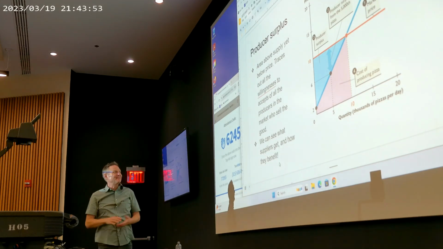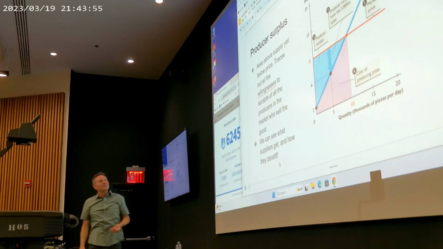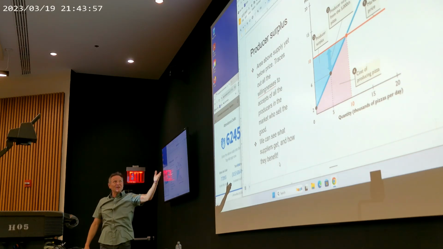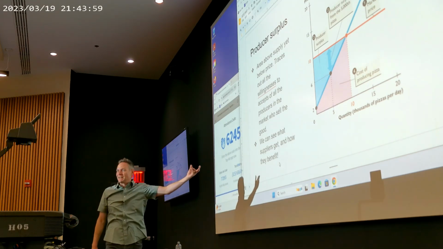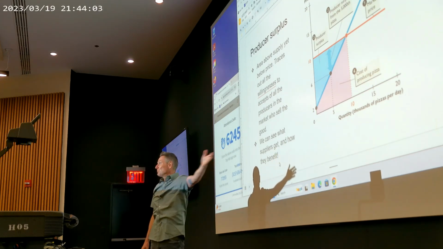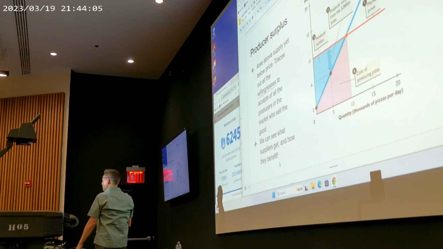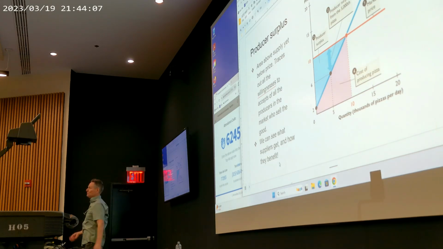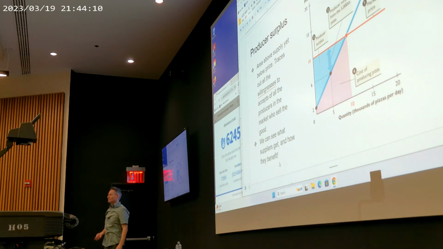Everything sells at the same price. So here we get a sense of what costs are like, but also what producers are getting out of the market. And that's why we call this producer surplus. It's what producers are getting over and above what they needed, at a minimum, to produce a unit. Producer surplus.